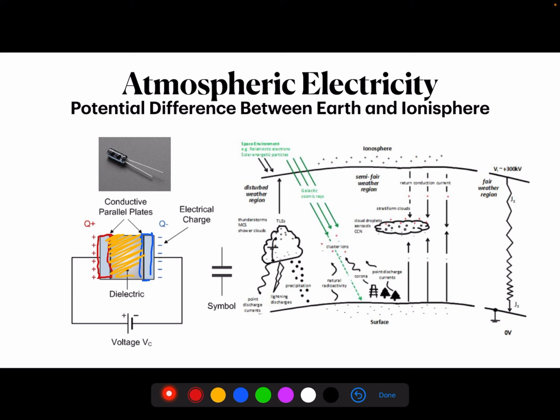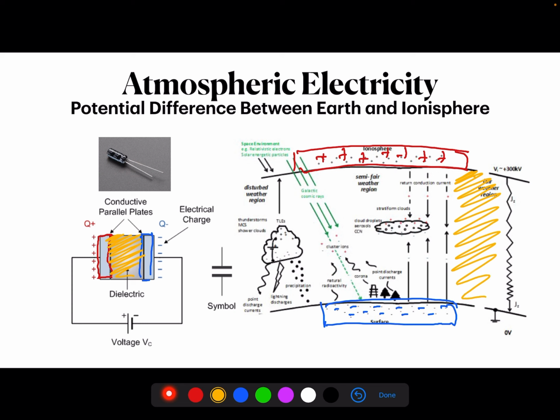So you can see this is totally analogous. We have positive charges in the lower ionosphere. And why are they in the lower ionosphere? Well, because they are attracted to the negative charges that are on the surface of the Earth. So that's negative, and that's positive. So now between these charges, we have the atmosphere. And the atmosphere is semiconductive.